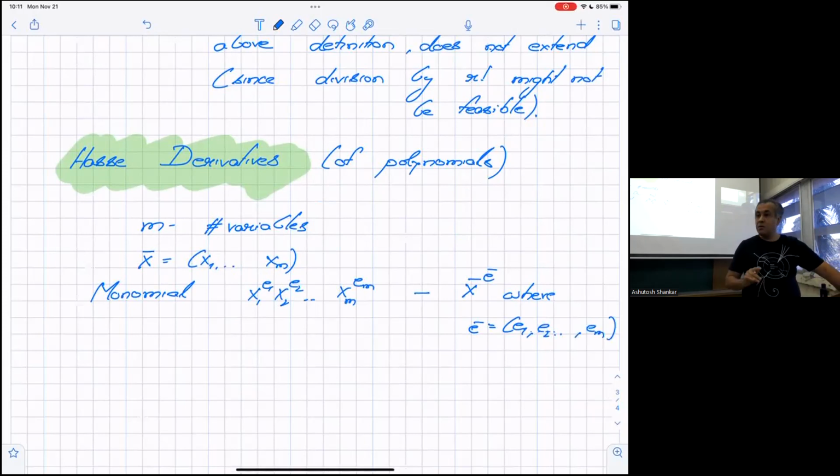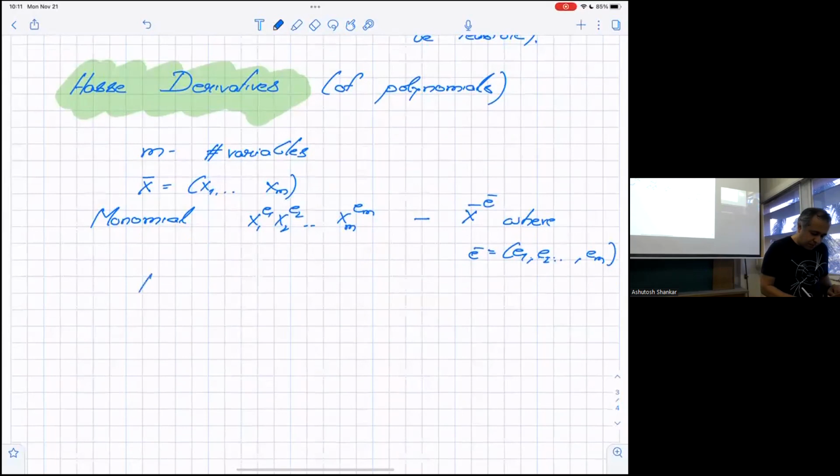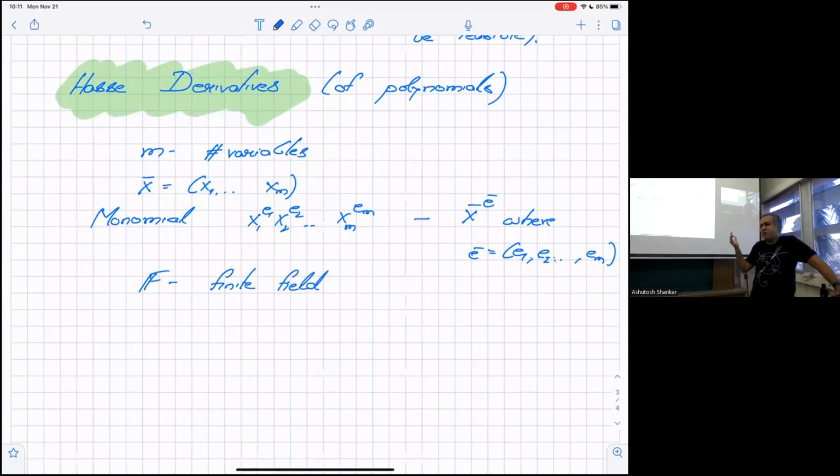Hasse derivative is defined over finite fields, but if necessary, the definition works over anything. If it's not a finite field, or if the characteristic is larger than the degree of the polynomials we work with, it's best to actually work with the usual notion of derivatives because they have more properties than the Hasse derivatives.